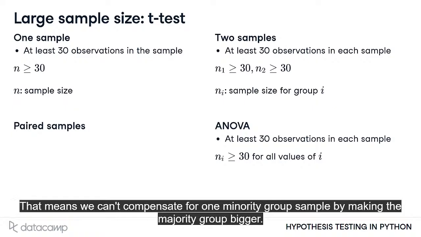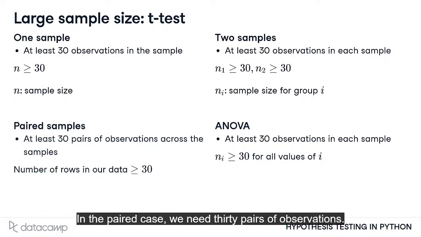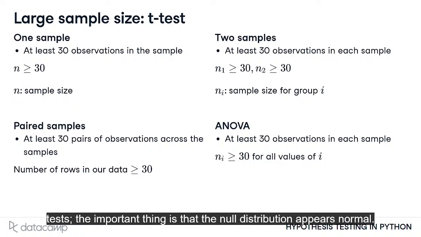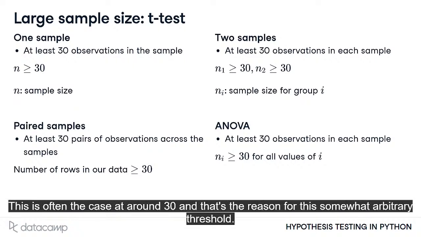That means we can't compensate for one minority group sample by making the majority group bigger. In the paired case, we need 30 pairs of observations. Sometimes we can get away with less than 30 in each of these tests. The important thing is that the null distribution appears normal. This is often the case at around 30, and that's the reason for this somewhat arbitrary threshold.